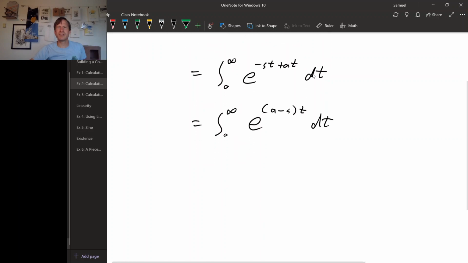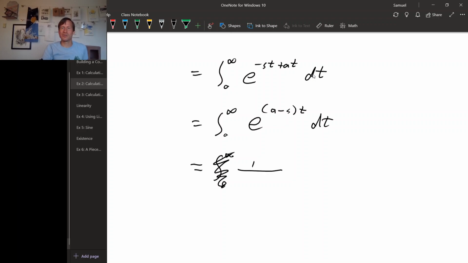And now we can integrate this directly. Remember, t is the variable for this integral. s and a both act like constants for this integral. So we get 1 over a minus s times e to the (a minus s) times t, from 0 to infinity.